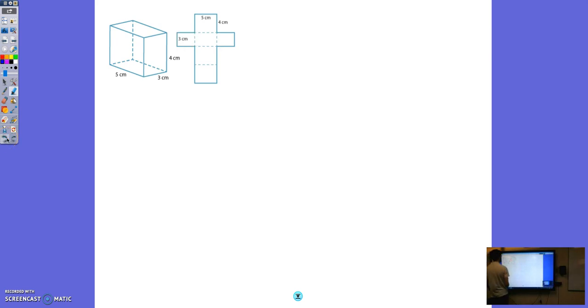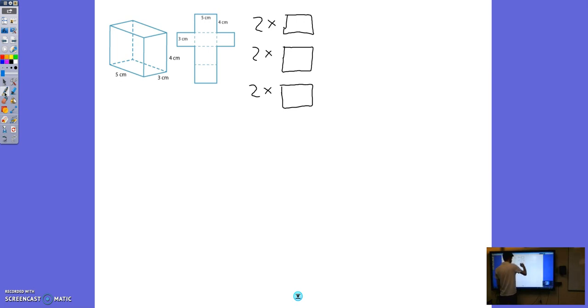So let's look at the 3 kinds of rectangles that we have. Now, remember that your area formula is length times width. So, we need the length and width of each of these rectangles.